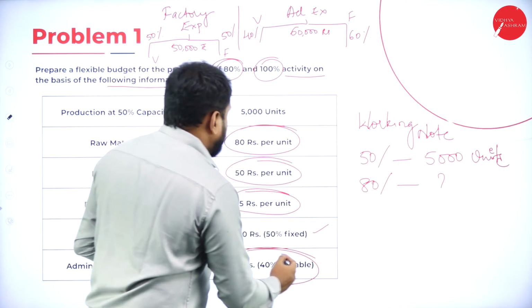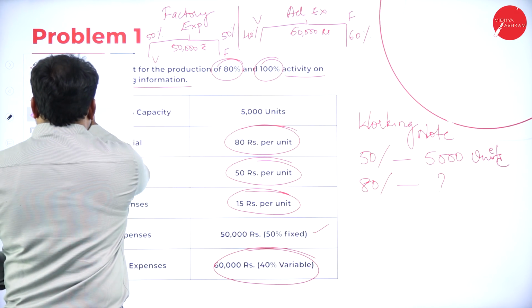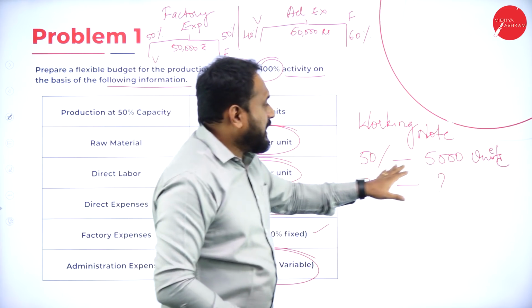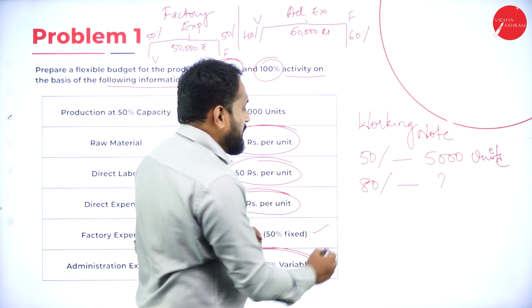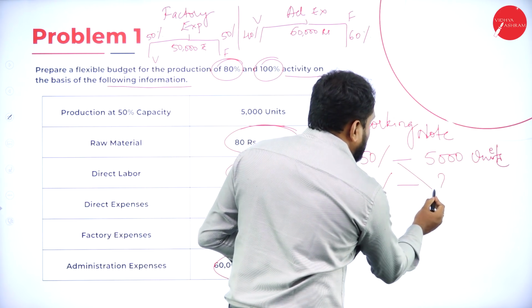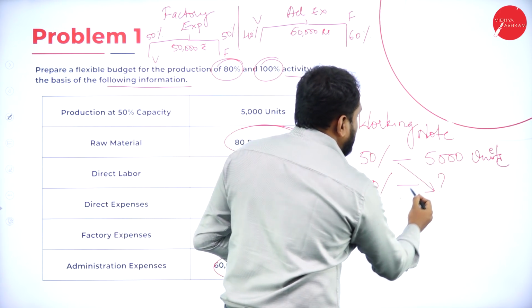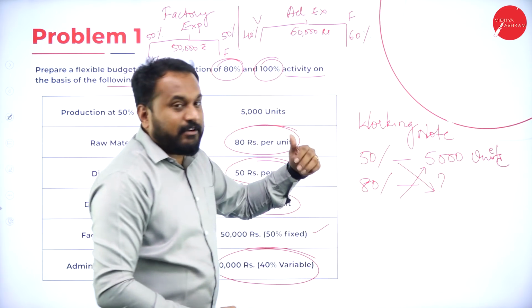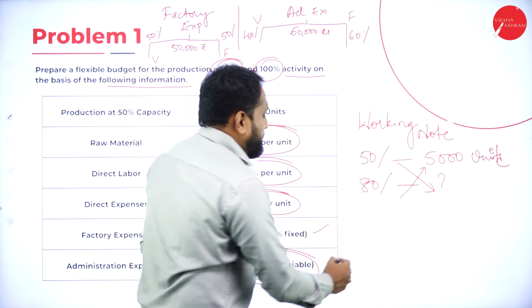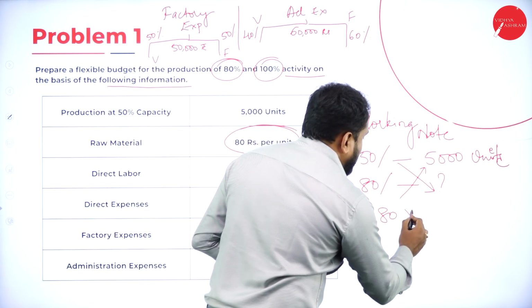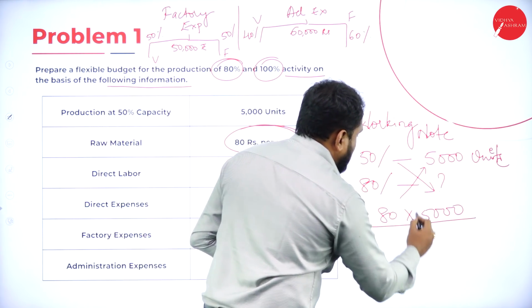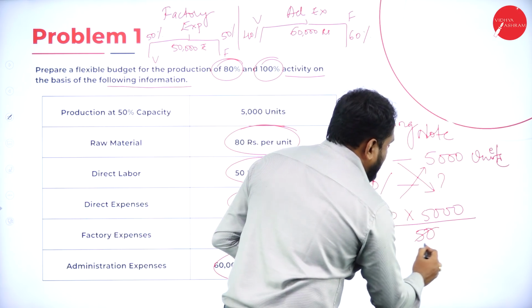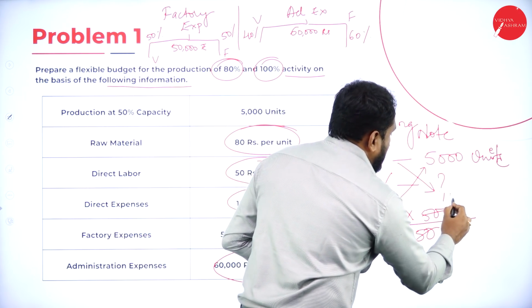I'll just erase this one. We'll again take our pen. Now 50%, how much are we actually manufacturing? 5,000. 80%, how much? Cross multiply. The question mark will come down, the other one will go to the numerator. That means 80 into 5,000 divided by 50. 50 ones are 50, hundreds.